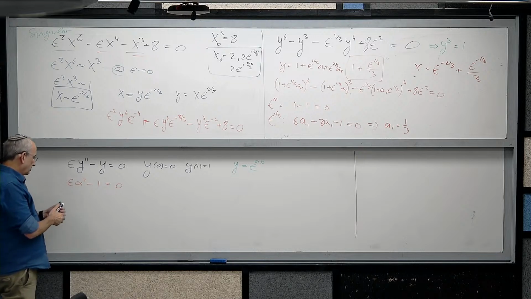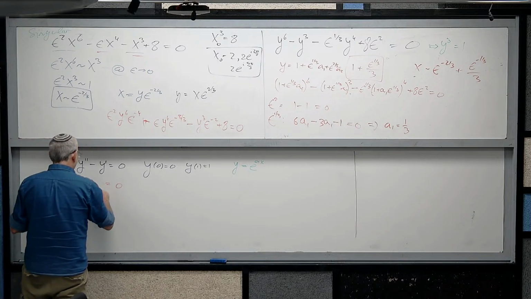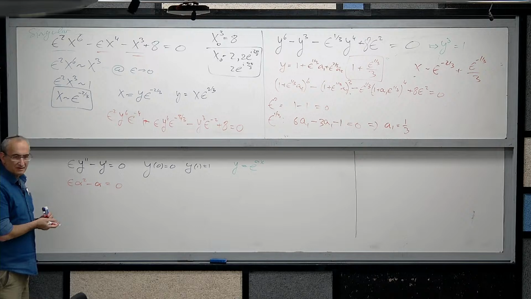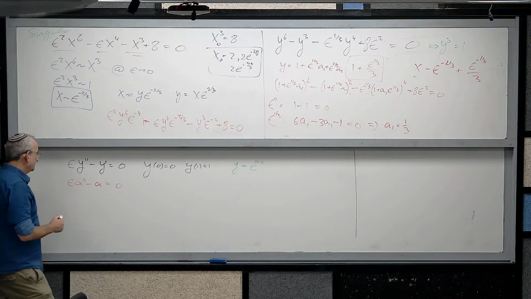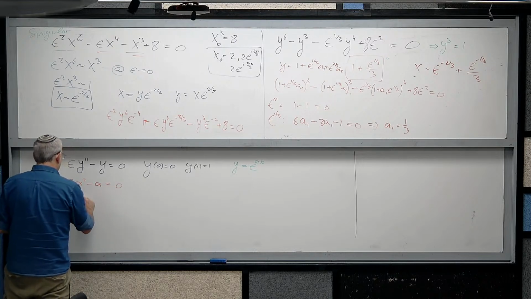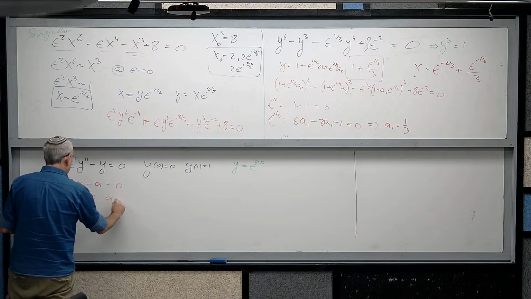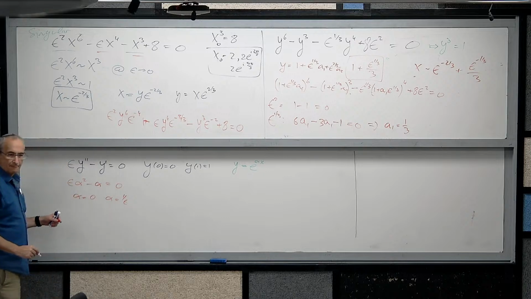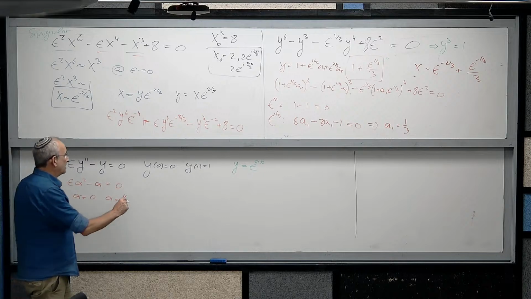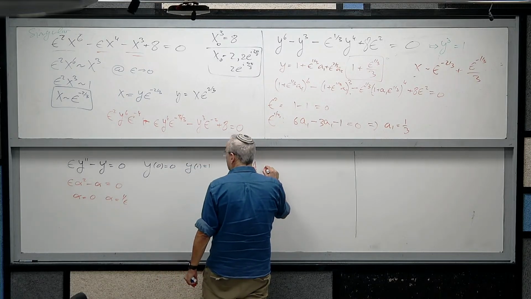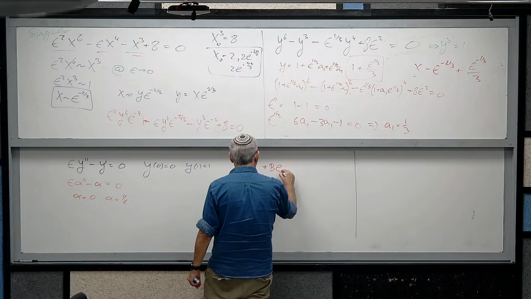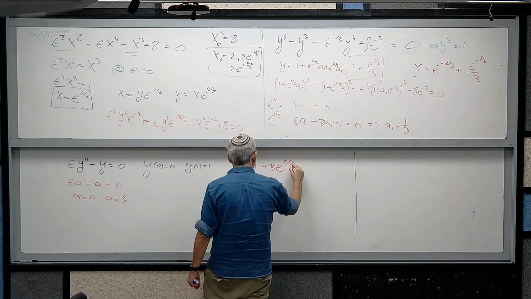And this is not a harmonic oscillator and not an inverted harmonic oscillator, it's something else. The solutions are alpha equals 0 and alpha equals 1 over epsilon. So the general solution is y equals a plus b e to the x over epsilon.